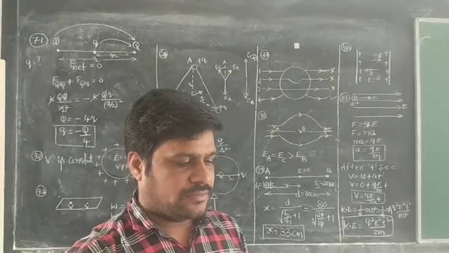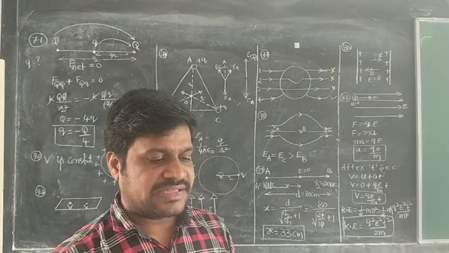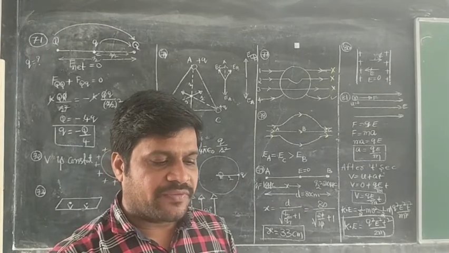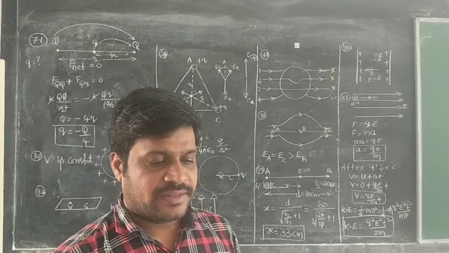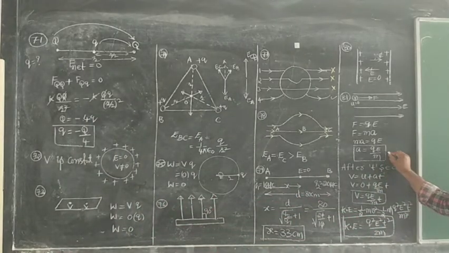Next, problem number 82. An electron having a charge e and mass m is moving in a uniform electric field. Then the acceleration will be, here only it is there. The charge of the electron is e and the mass is m.